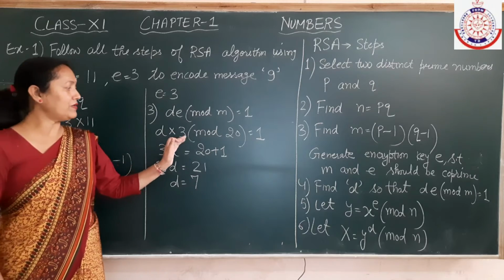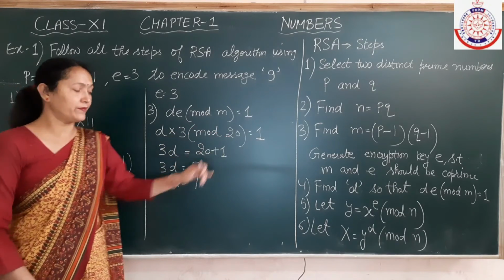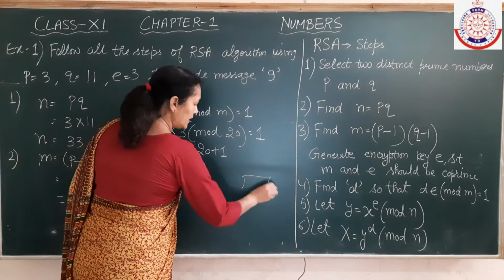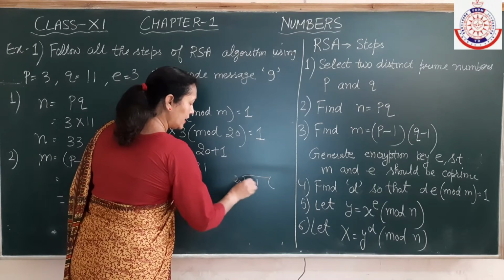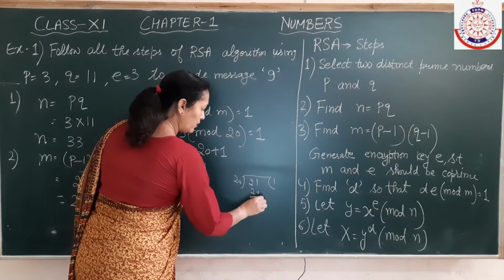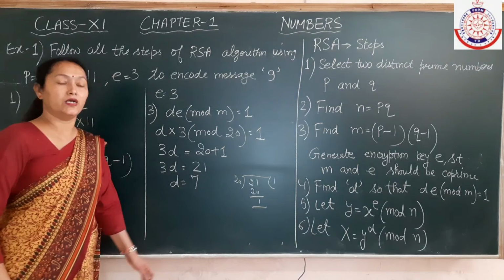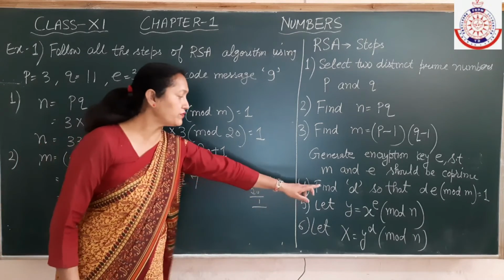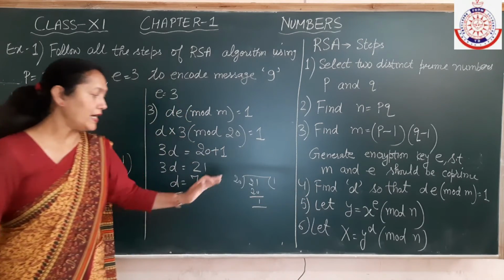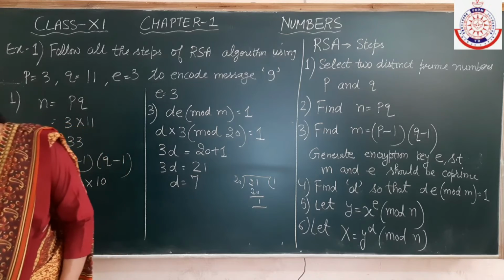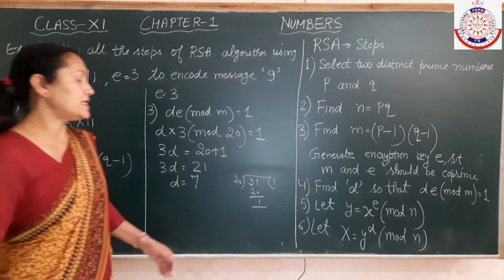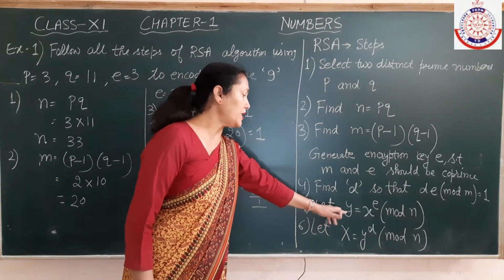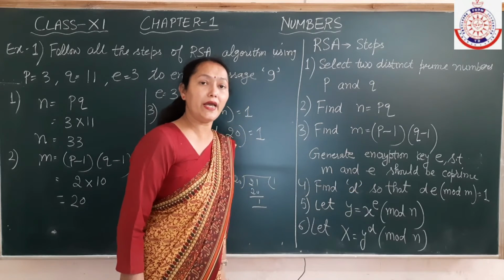When 21 is divided by 20, we get 1 as remainder. So this step we have followed. We have obtained D as 7. Next they are saying let Y equal X to the power E mod N.